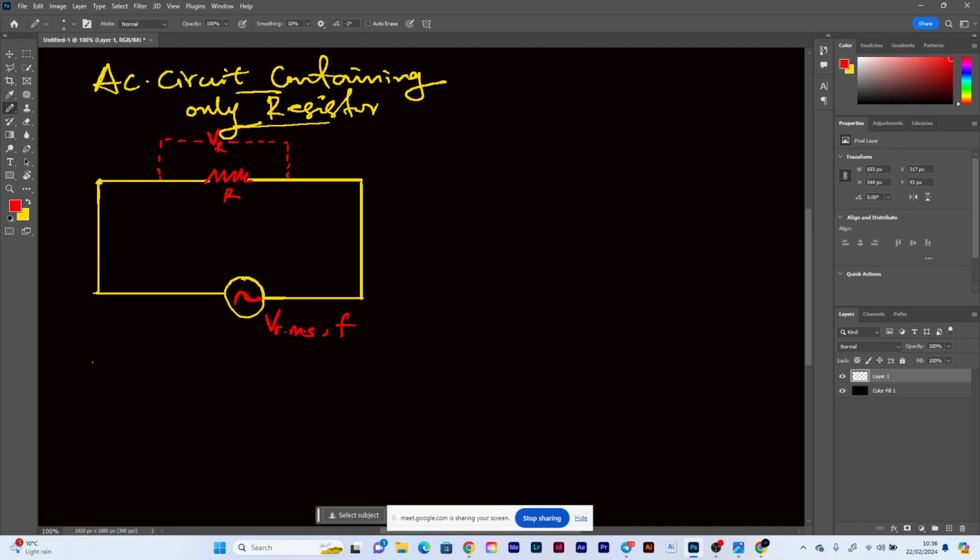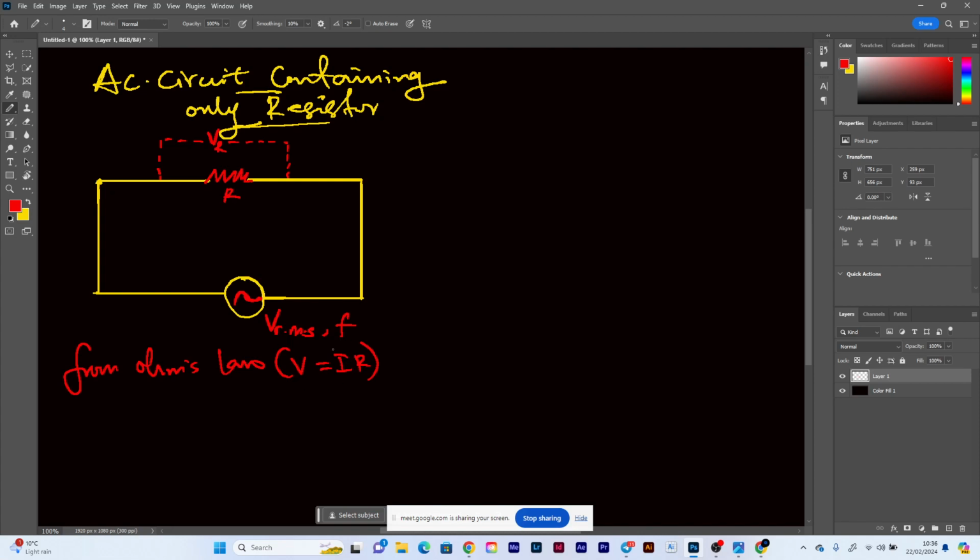So let's recall from Ohm's law. From Ohm's law, we have that V is equal to IR. Am I making sense now? Yes, sir.